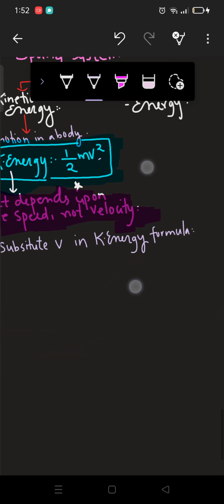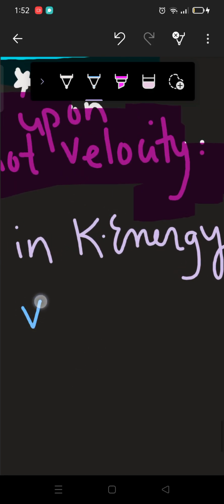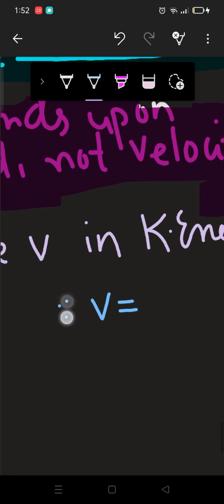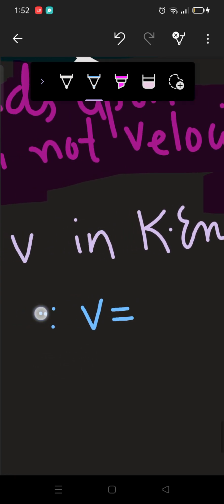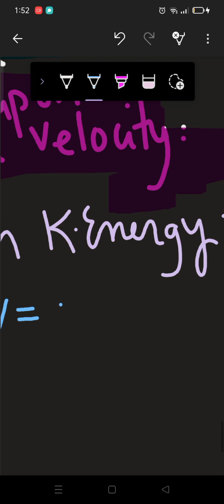And what is the velocity of the mass spring system? This we have already discussed in very detail. V is equal to omega times under root x naught square minus x square.